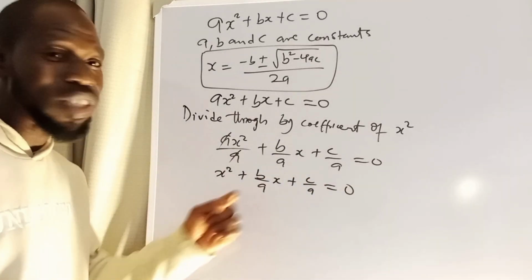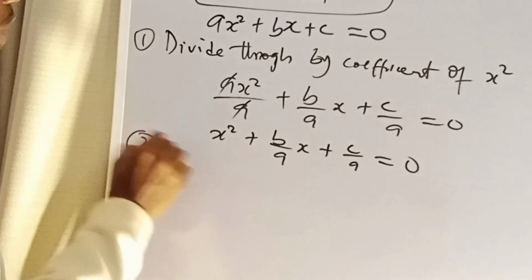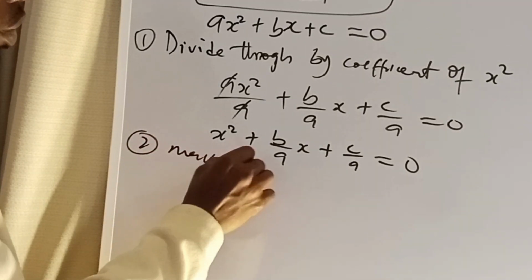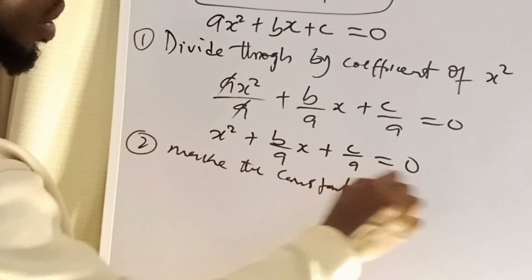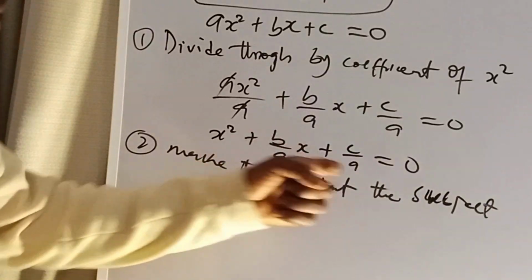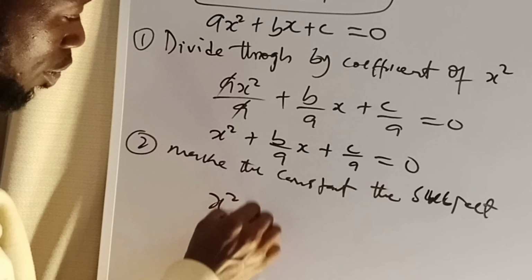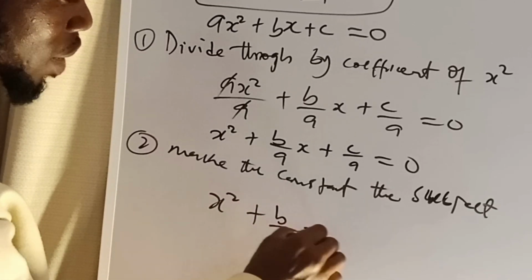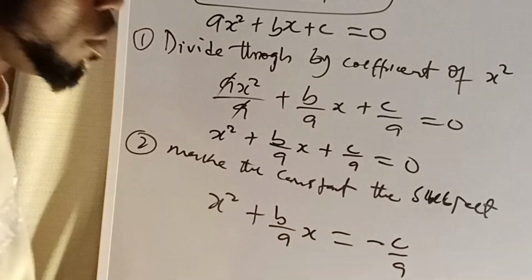So you are going to make the constant term the subject of the formula. Step 2. Make the constant the subject. So what's our constant? c over a. So you're going to have x squared plus b over ax is equals to minus c over a, right?